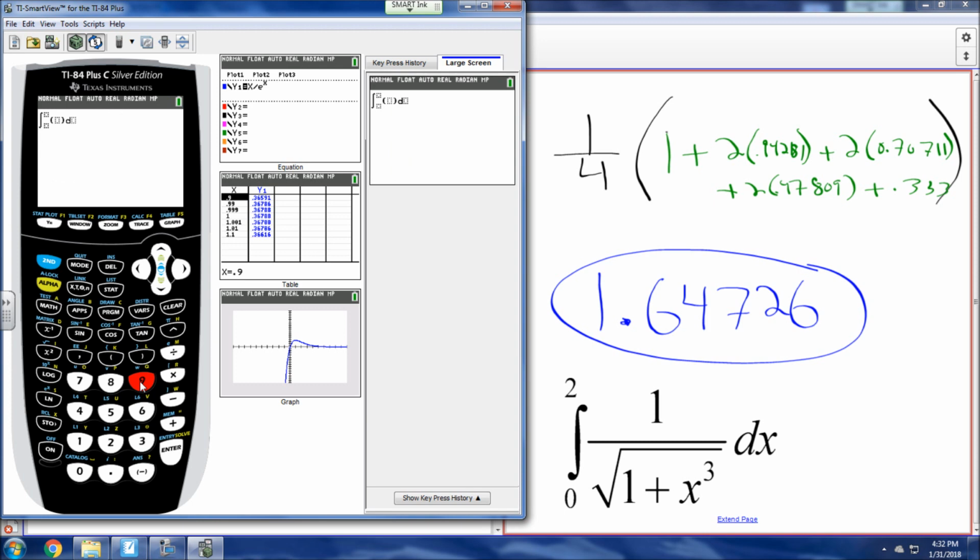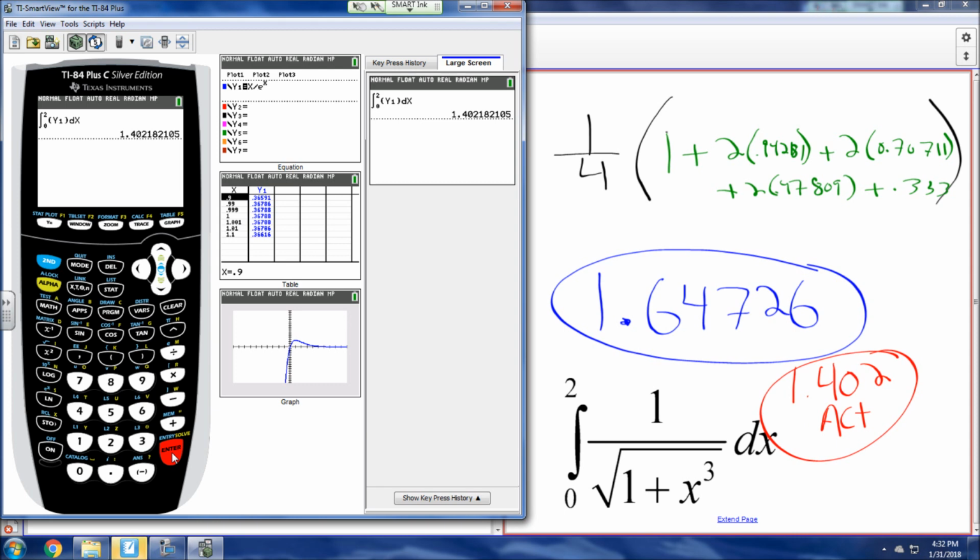And what you can do there is you can just type in the 0, you can see it exactly as it's written. And then this was y1, which is variables, y variables, y1, with respect to x. So we're just getting the actual area. So the actual area is 1.402, if we round to 3, 1.402. So this is the actual, and this is the approximate.